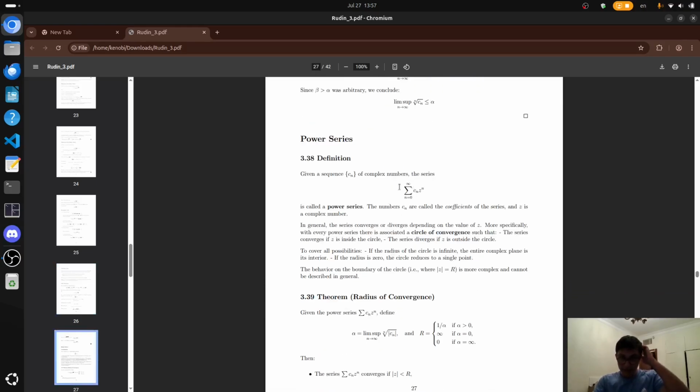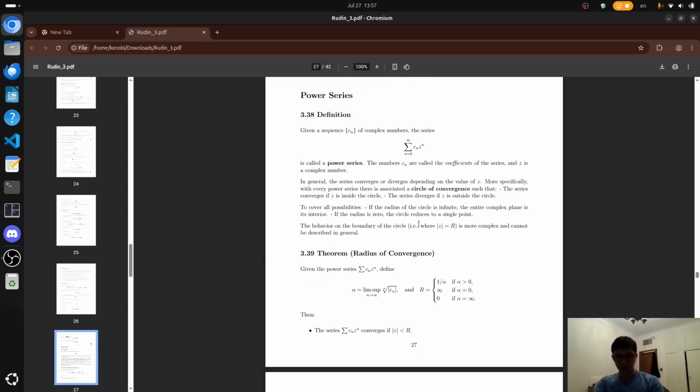And the power series is basically a series of the form like this. You've seen it in calculus. Its radius of convergence is defined as alpha equals lim sup of nth root of Cn, and R is equal to 1 over alpha. And for the proof, basically you're just going to plug in this thing.